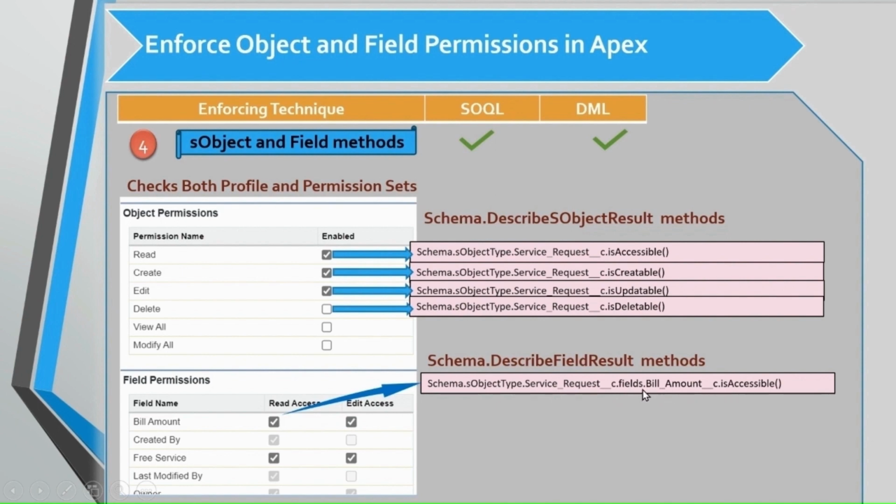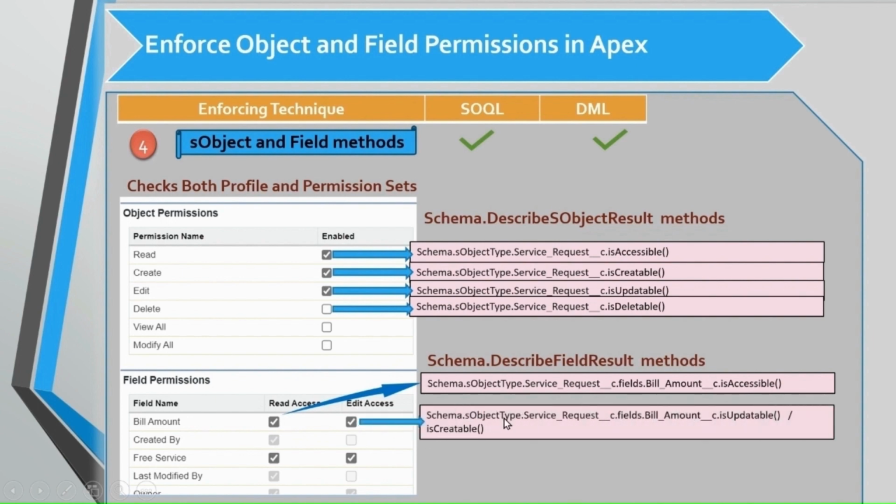That's why we are using billAmount.isAccessible method. Same way, if we want to see the edit access for this bill amount field, we will use Schema.sObjectType.service request object, because it is there in the service request object, and then fields.billAmount.isUpdateable or isCreateable.